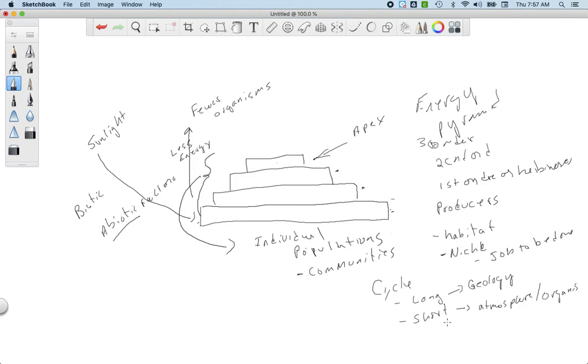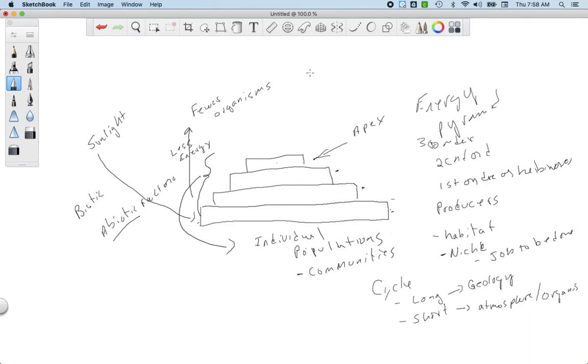So oxygen has a short-term cycle. Oxygen really doesn't have a long-term cycle. We don't worry too much about the oxygen that's tied up in the geology of the planet. Carbon has a short-term cycle through respiration and photosynthesis, but it also has a long-term cycle because it's stored as fossil fuels within the Earth's crust. So we can have short-term and long-term cycles for many of these nutrients that we talked about. In general, the ones we discussed were water, carbon, oxygen, phosphorus, and nitrogen.